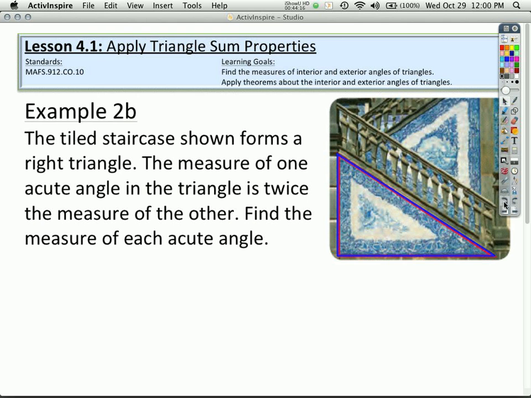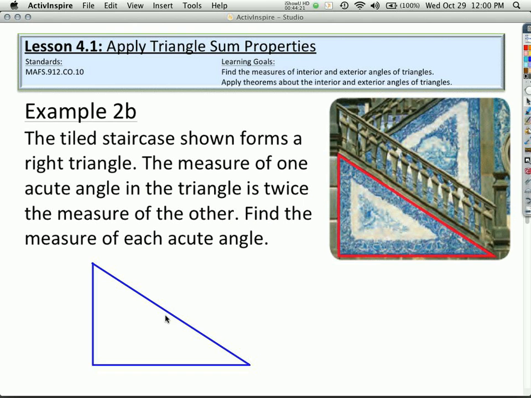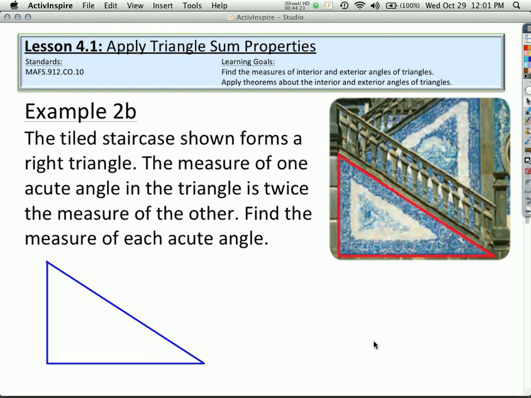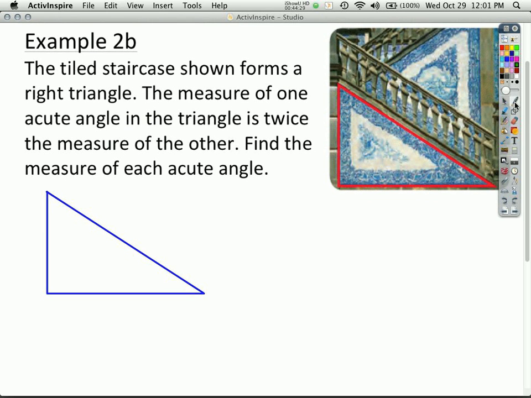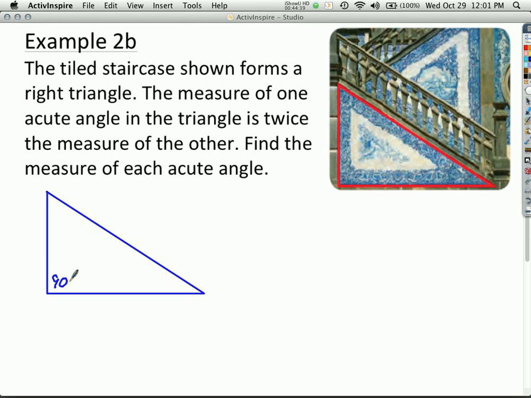Any questions about the setup? Okay, so I think adding in my lines actually helps us because now we can look at it like that. And so now we need to take the information from the text and apply it and then somehow manipulate the information to get what we need. We're asked to find the 2 acute measures. Well, here's the right angle right here, so we already know that that's 90 degrees.